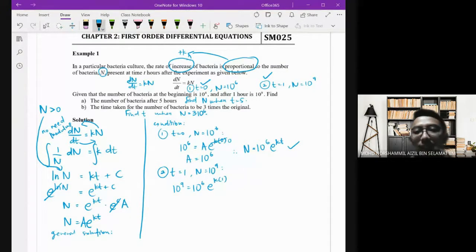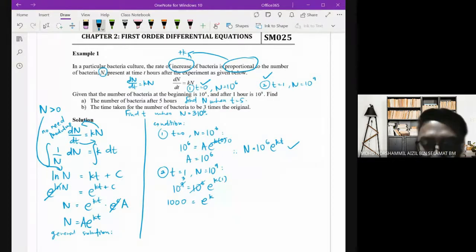So exponential k. We bring 10 power of 6 to the left hand side, or you can simplify directly. If I simplify directly, this one becomes 3. 10 power of 3 is 1000. So 1000 is exponential k.